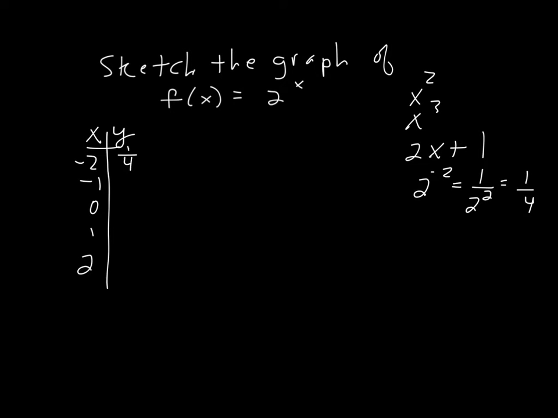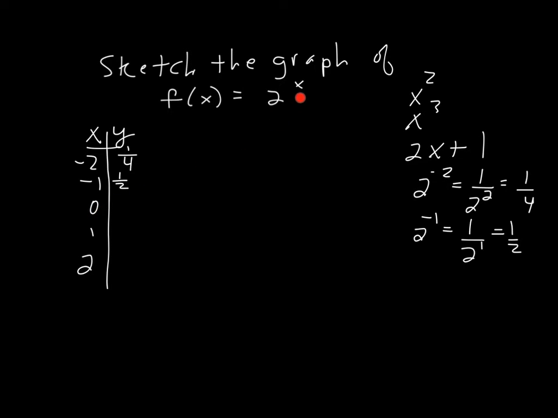We do the same thing for -1. I'm going to take a -1 and put it in right there. That's 2 to the -1, which is 1 over 2 to the 1, which is 1/2. So we're going to have a 1/2 right here. We'll go a little faster now since these are a little easier.